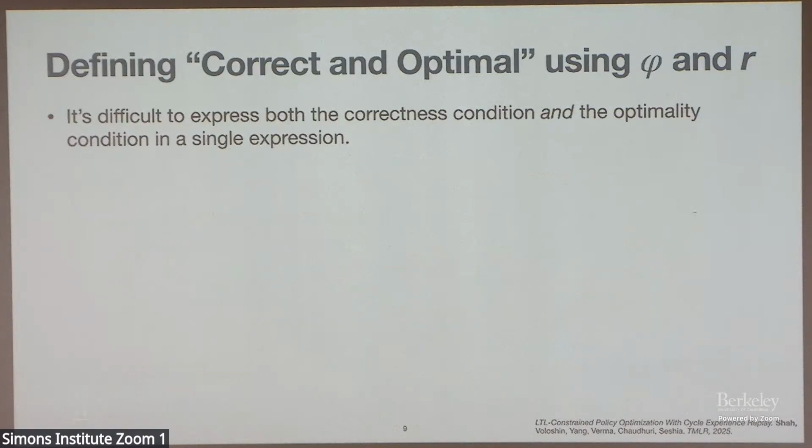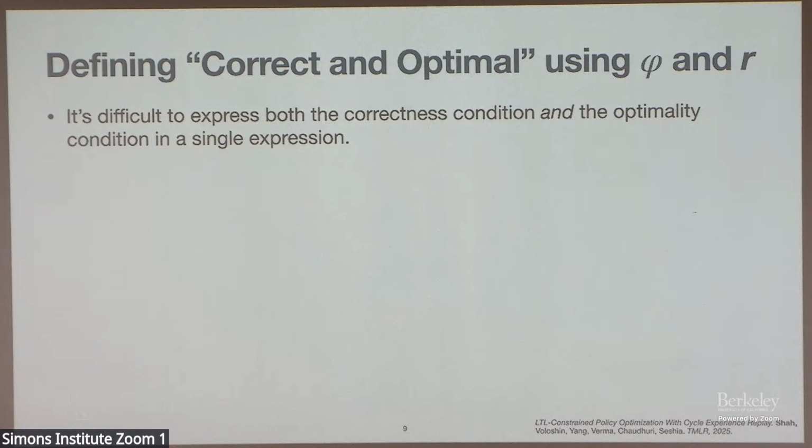And so, I don't want to wave my hands too much, so I'll just very briefly touch on this, but it is difficult. I'll posit that it's difficult to express both the correctness and optimality conditions in a single expression in many cases. I think a lot of folks in here who maybe work with robots can probably attest to this, where you want it to accomplish some task, but you also require it to be stable or smooth or abide by certain things, and combining those things is very difficult.